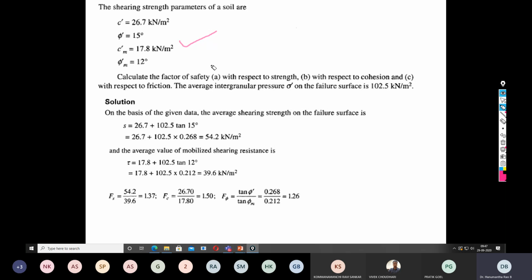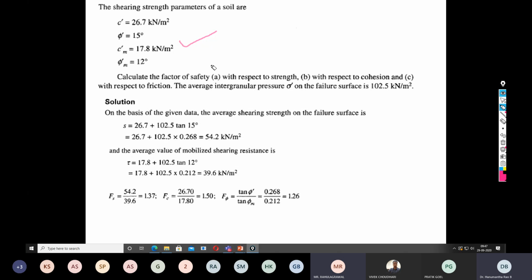So what is the meaning of this 26.7 kPa? So this is the maximum cohesion that the soil has. Okay, so this is the maximum cohesion that the soil is going to offer.